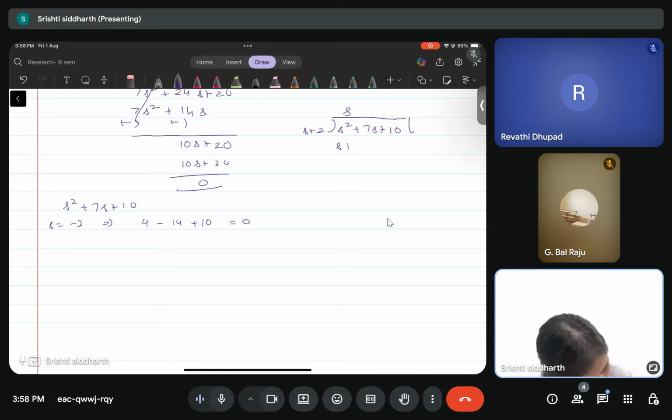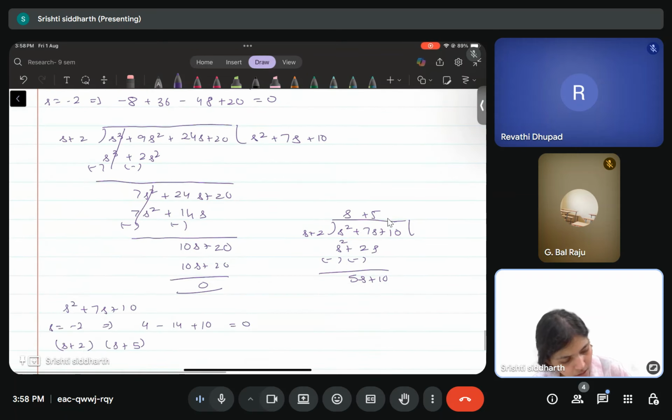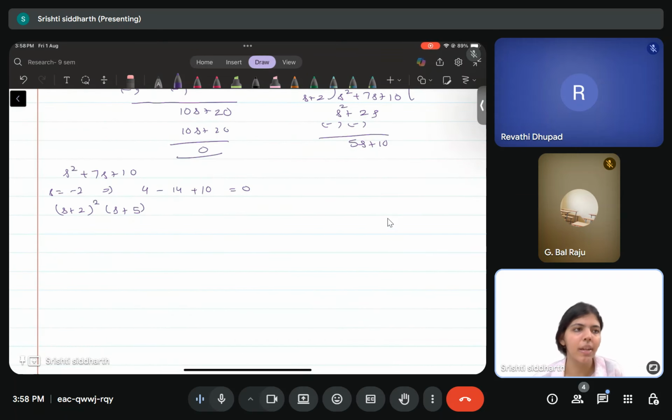This is simply s plus 2, s plus 5. Okay. So the denominator can be written as s plus 2, s plus 5, and then it was s plus 2 again. So we have repeated eigenvalues here.